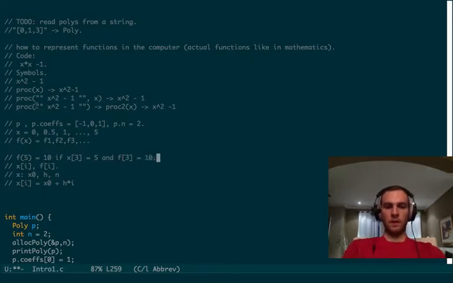Right? So you can go through your table, find the value, and give the corresponding value of f.